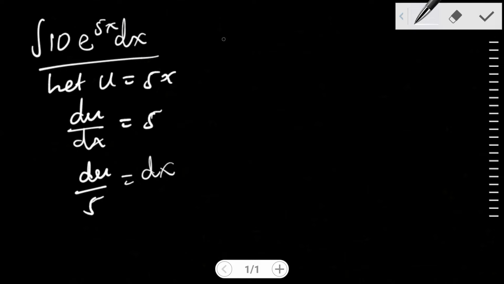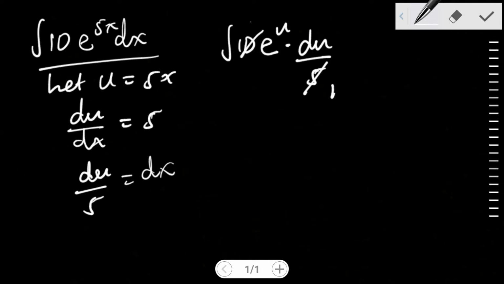So the next thing we're going to say is the integral of 10e^(5x), where 5x was equal to u. So in the place of dx we are going to have du all over 5. So this 5 and this 10 cancel, this would be 1, this would be 2.